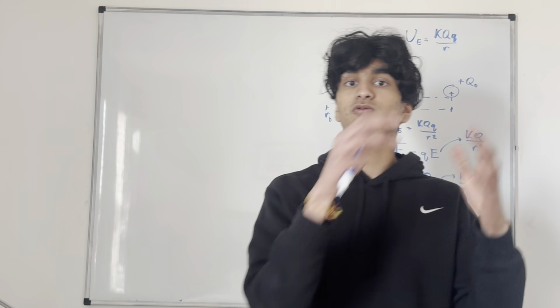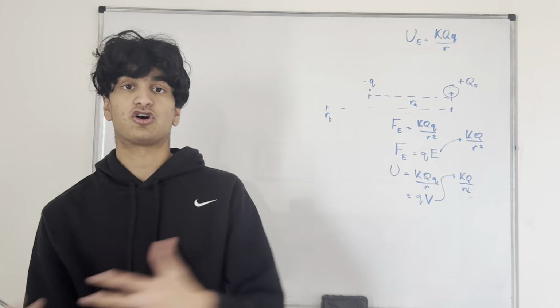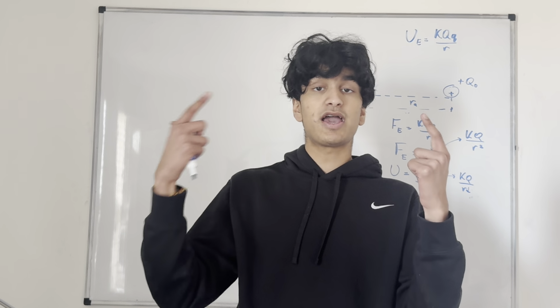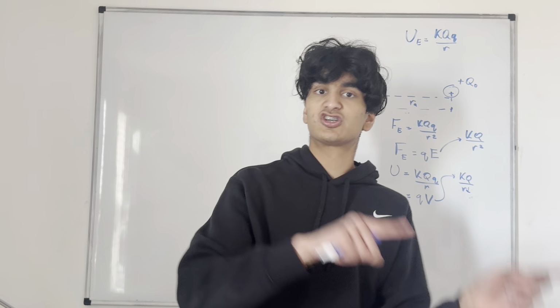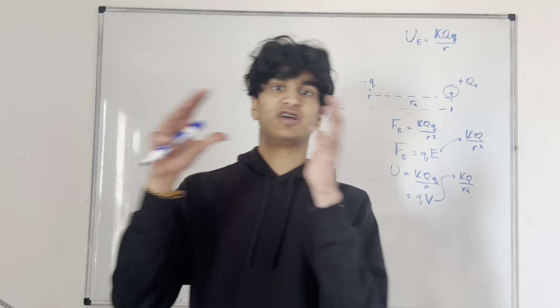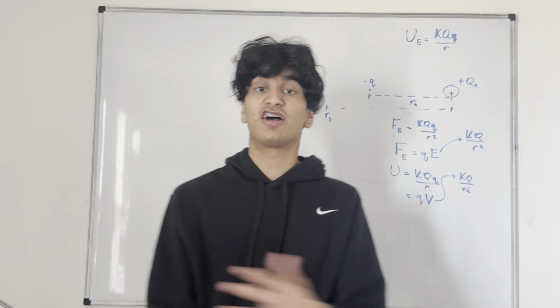Because at the end of the day, you need a potential difference to get charge moving. That's what voltage is. And in my head, when I think of voltage, I think of current. So current is moving charge, voltage causes current. That means voltage is a potential difference, right? Potential difference causes moving charge.